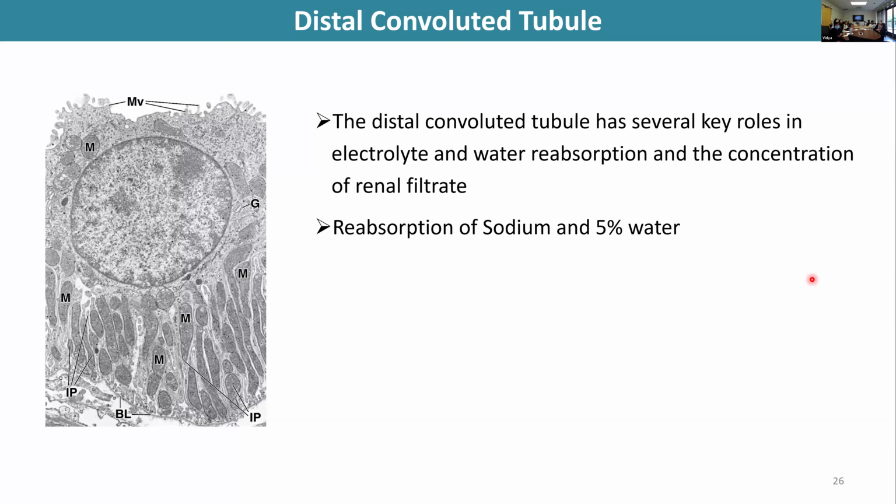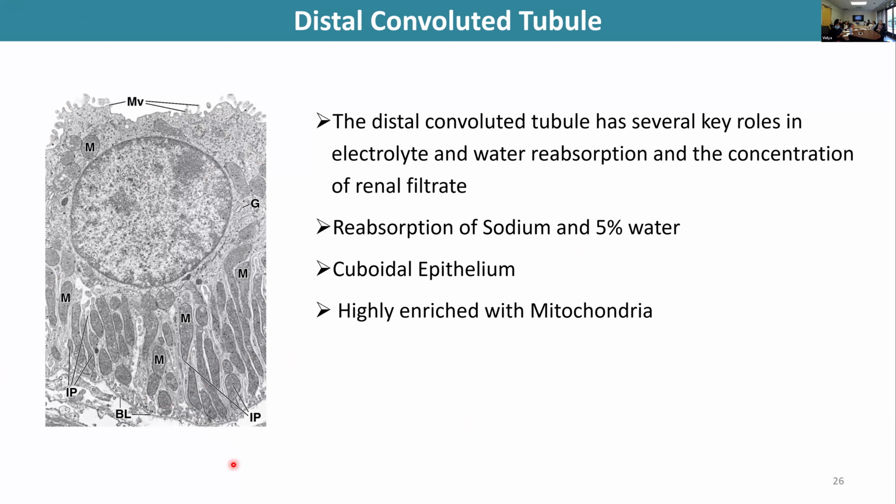Around 5% of water is reabsorbed here, whereas in the proximal tubule around 66% to 70% of water is reabsorbed. Whereas here it's only a smaller amount. The important thing that you can see here is they don't have this brush border. They have the microvilli, but there is no brush border. But they do have a lot of mitochondria. They are cuboidal, highly enriched in mitochondria, and lack a brush border.